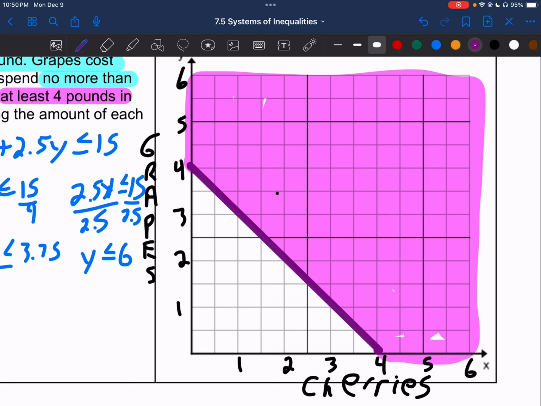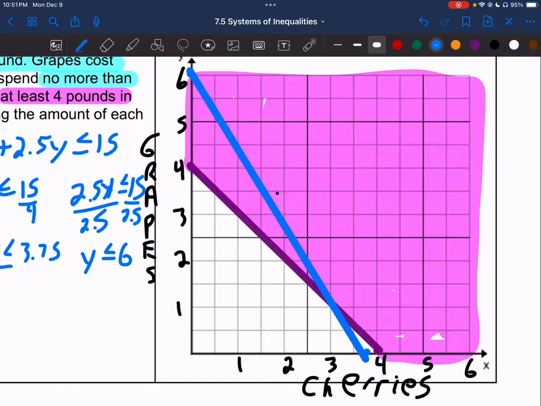And our blue line, we had x is less than or equal to 3.75. So if each line is a half, 3.5 would be there. So 3.75 would be halfway between the 3.5 line and the 4 line. And we could have 6 pounds of cherries. And we have our straight line.